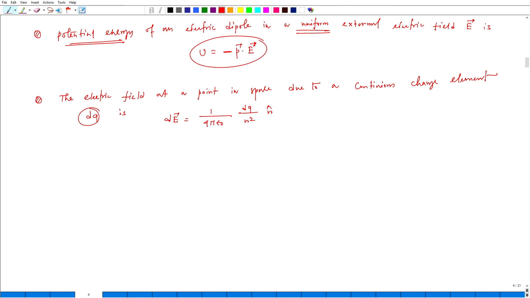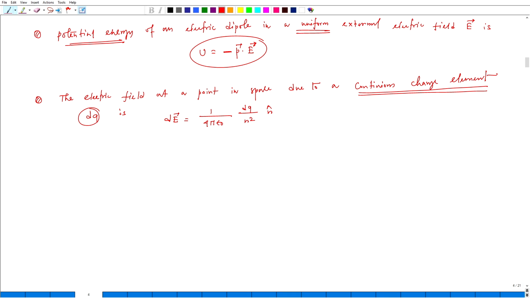What is the difference between a continuous charge distribution and a point charge distribution? If we consider point charges, that means a discrete charge distribution, then we use the superposition principle to calculate the electric field at some point due to all the charges. Now if we have a continuous charge distribution, we first consider a small element, calculate the electric field at a particular point r due to that small element, and then we integrate. In the case of continuous charge distribution, the superposition principle is replaced by the vector integral.